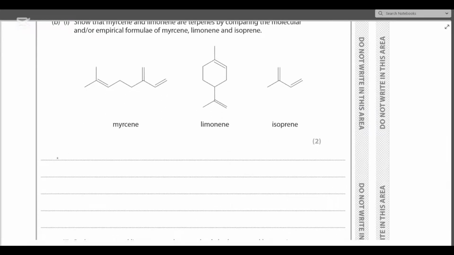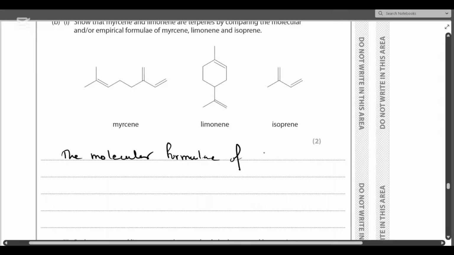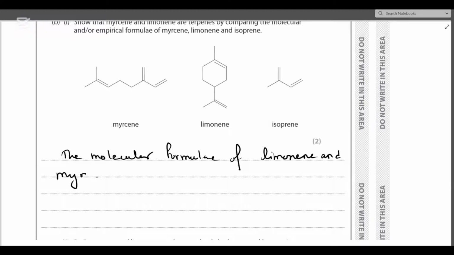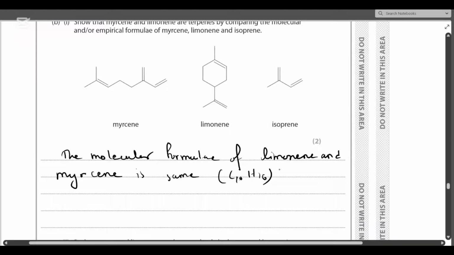So we can say that the molecular formulae of limonene and myrcene is the same, C10H16, as isoprene.